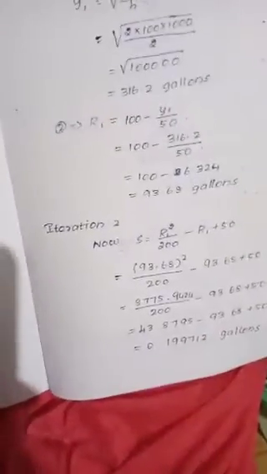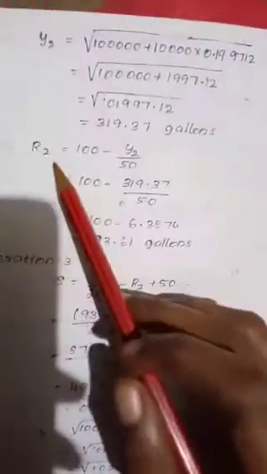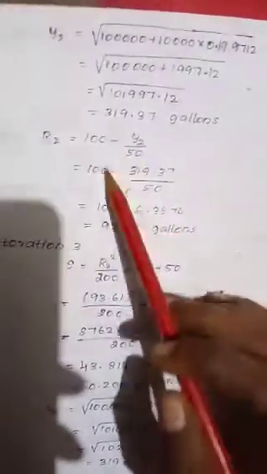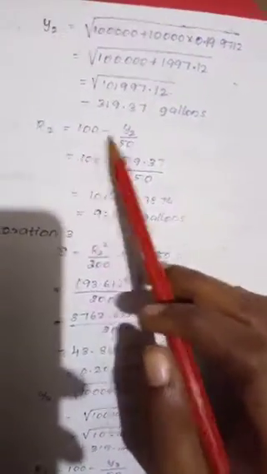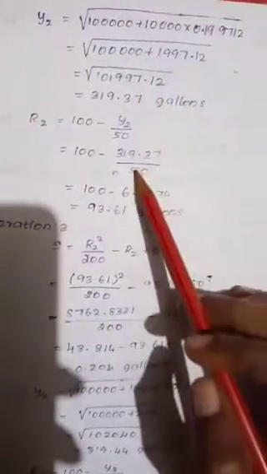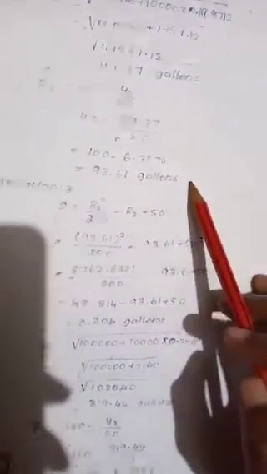Substituting this and simplifying, we get 319.37 gallons. Next, y2 value we put in equation 2 to find r2. r2 is equal to 100 minus y2 by 50, substituting the y2 value and simplifying, 93.61 gallons.